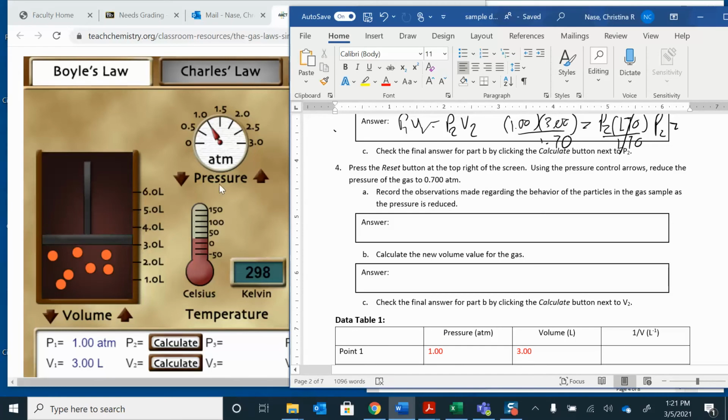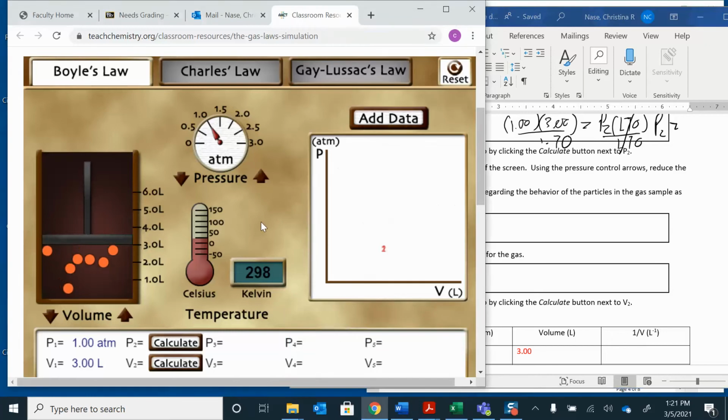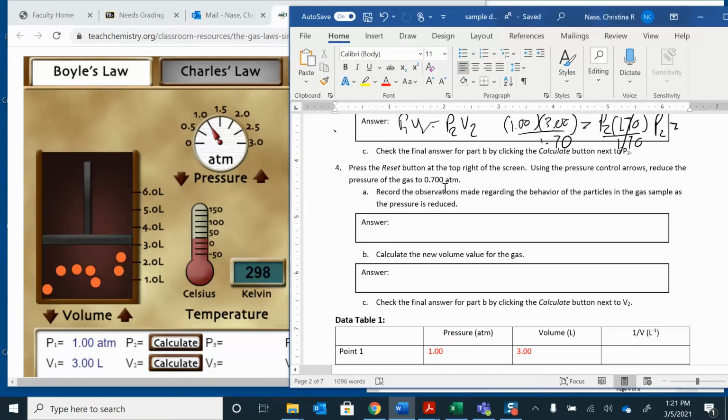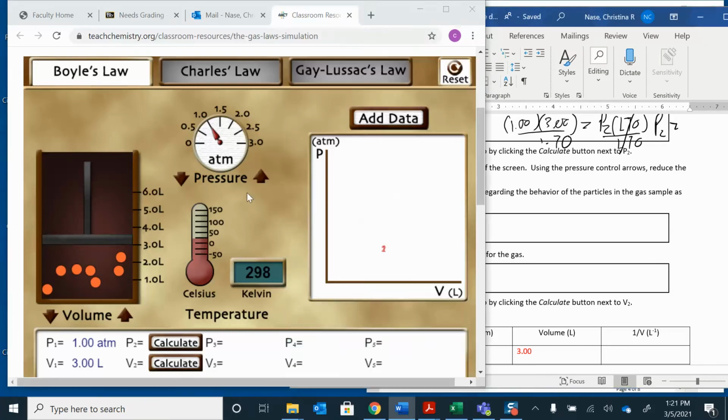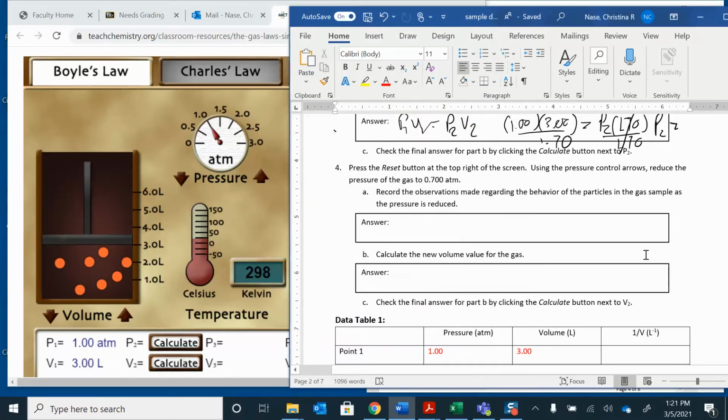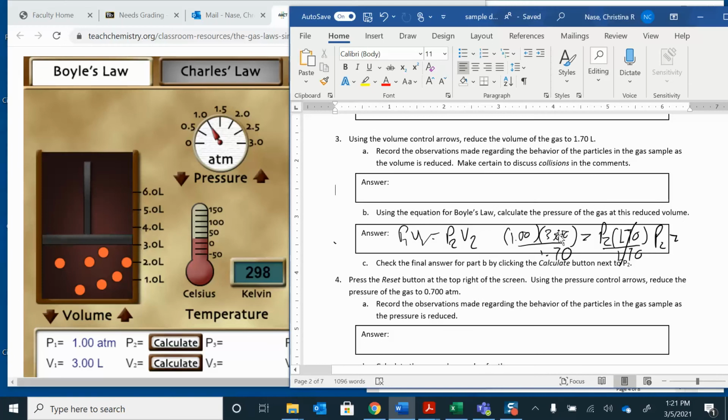Now, using the pressure control arrows, reduce the pressure to 0.7. You can't go up to 7, it's 0.7. What did we notice when we changed the volume? I decreased the volume, and the pressure went up. It went from 1 to 1.76.